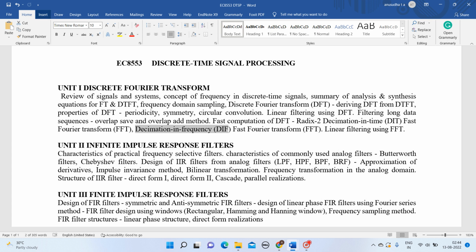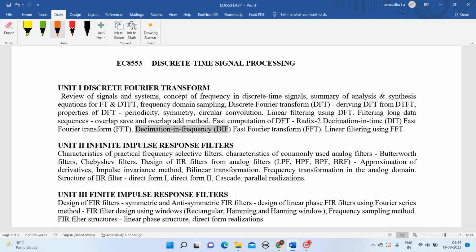In this section you are going to design filters, the infinite impulse response based filters. First you are going to design analog filters by using Butterworth and Chebyshev filters.